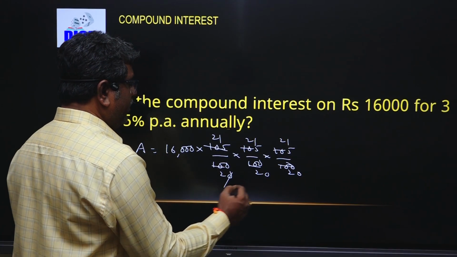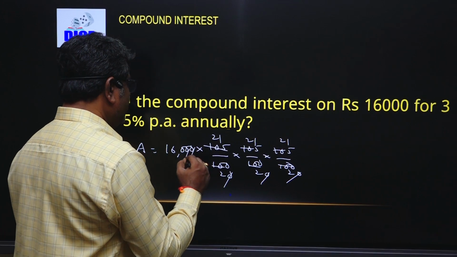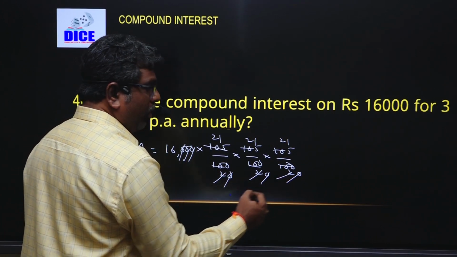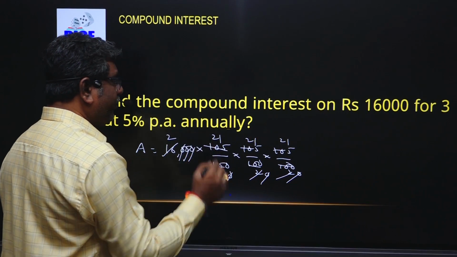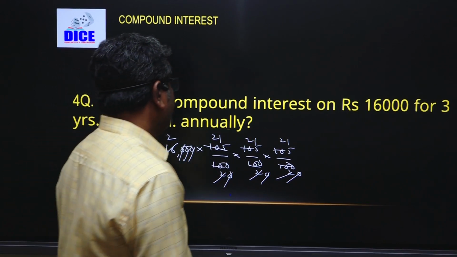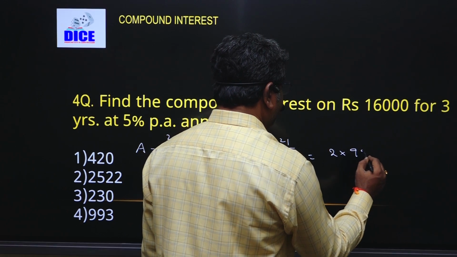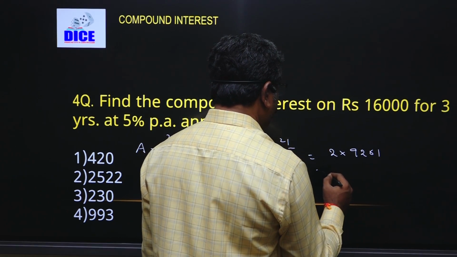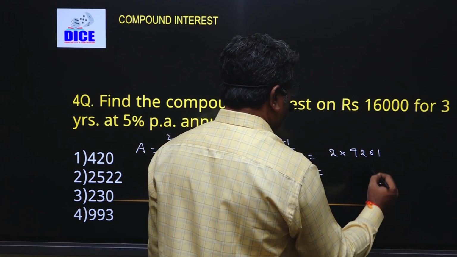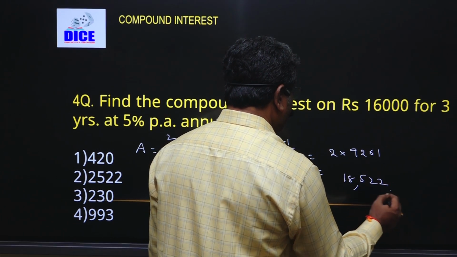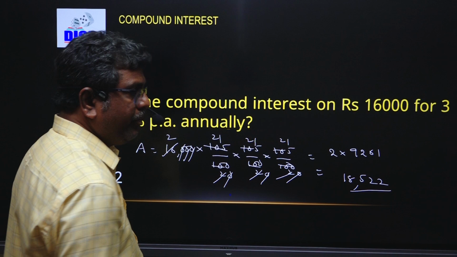Now see here, 3 zeros cancel. 2 into 2, 4, 4 into 8. 2 cancels, 8 ones, 8 twos. So finally the value is 2 into 21 whole cube, which is 9261. So finally the answer is 18,522 rupees, the required amount.